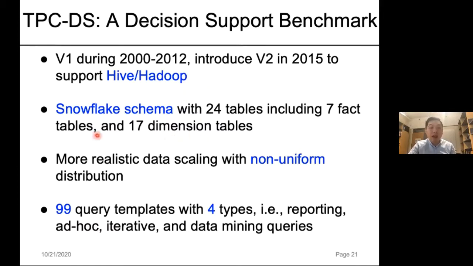So it has a snowflake schema with 24 tables, including 7 fact tables and 17 dimension tables. And it has a more realistic data scaling with non-uniform distribution. And for the workload, it identifies 99 query templates with 4 types: reporting, ad hoc, iterative, and data mining queries.